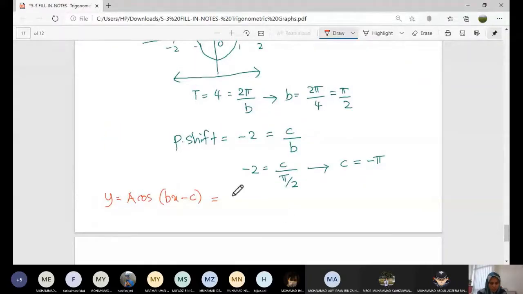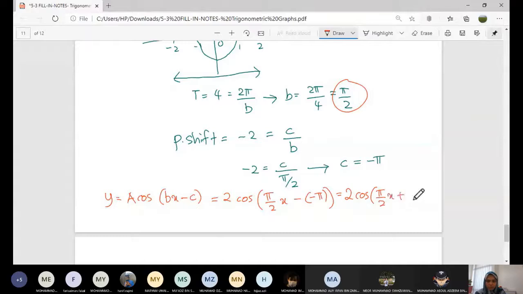A is 2, cos, B is pi over 2, x, and then minus negative C, which will give you 2 cos pi over 2 x plus pi.